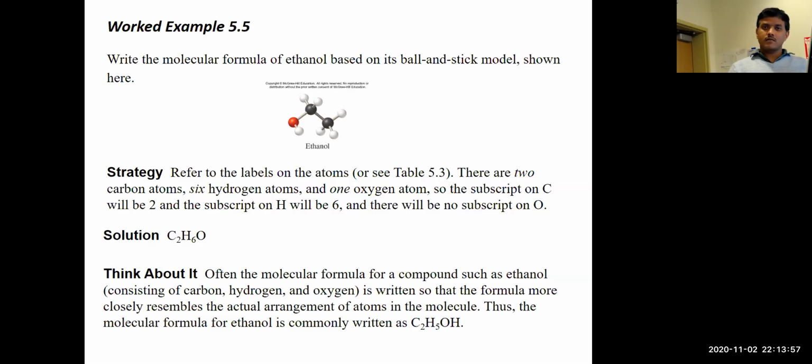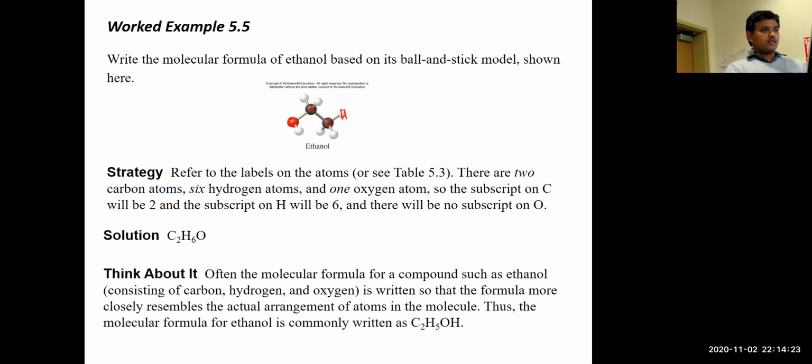So remember two slides ago, I showed different colored elements. So here, black is popularly used for carbon, and white is popularly used for hydrogen, and red is for oxygen. Okay. So it is just asking you to write the molecular formula based on the given ball and stick model.